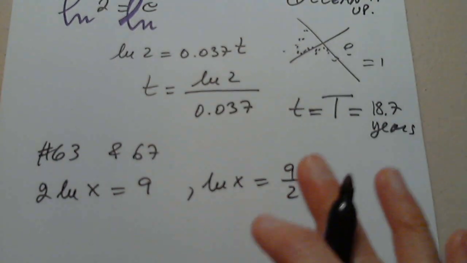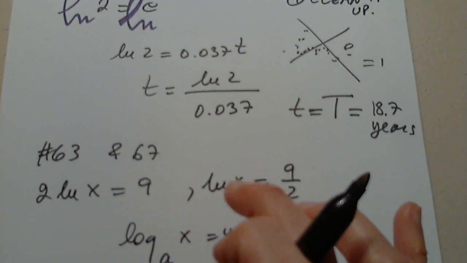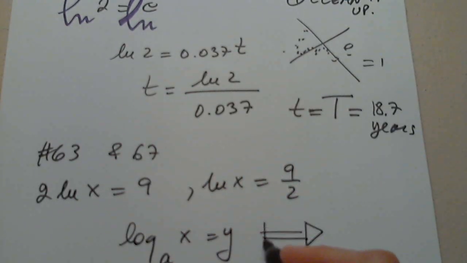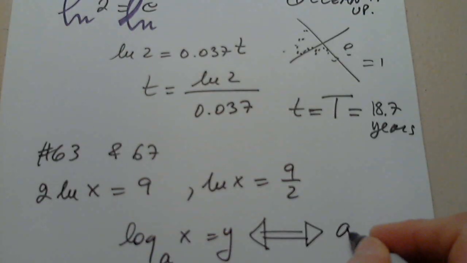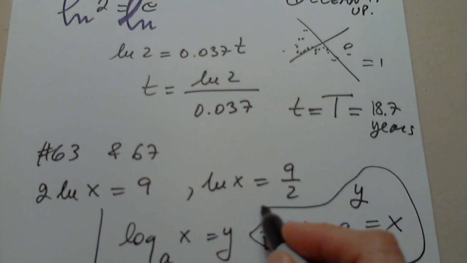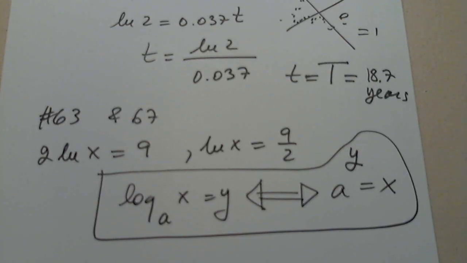Perfect. Let me remind you, log base a of x is y is equivalent to the base raised to y equals x. A raised to y equals x. This is the most important relationship between log equations and exponential equations.